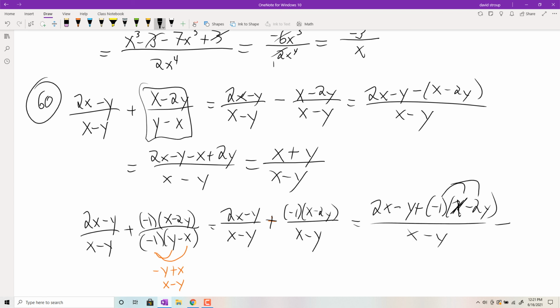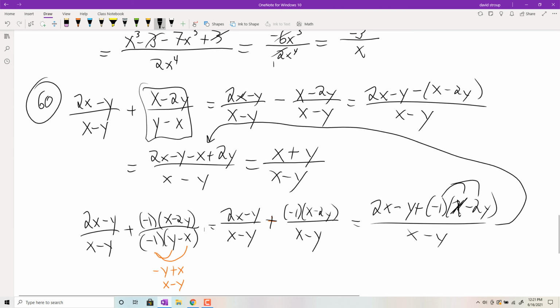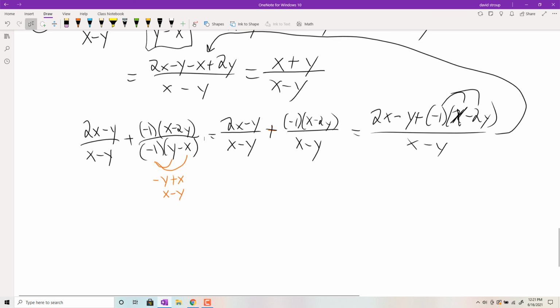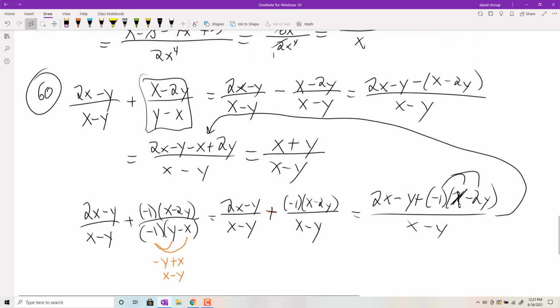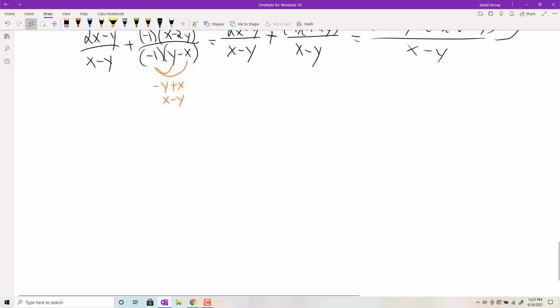Once you distribute that negative, you'll get the same answer. So either way you want to slice it, I don't care. Either way is fine. Okay, so that's about the worst of it in 7.3.